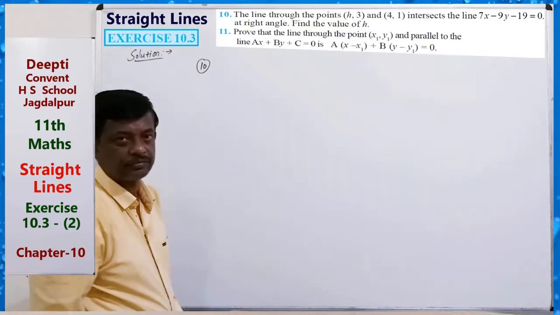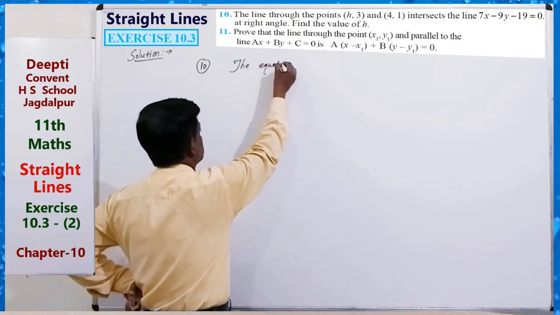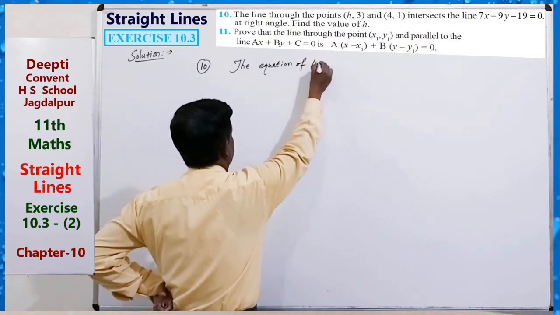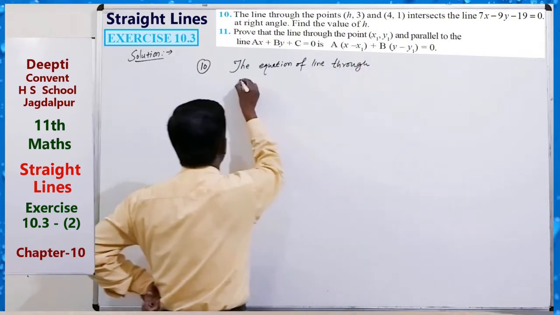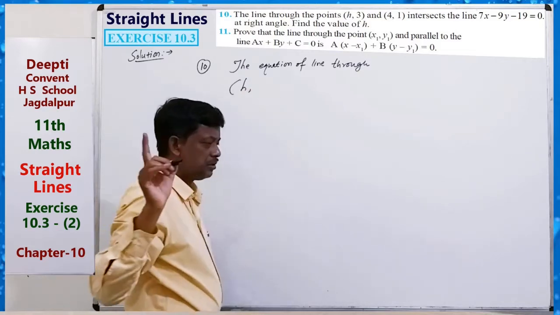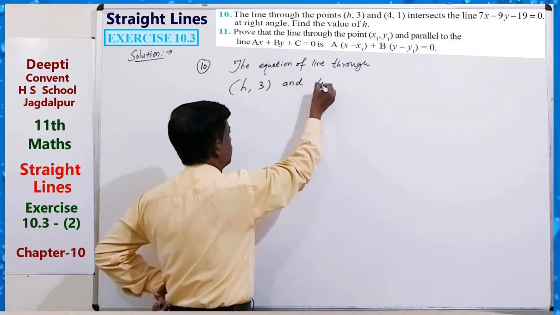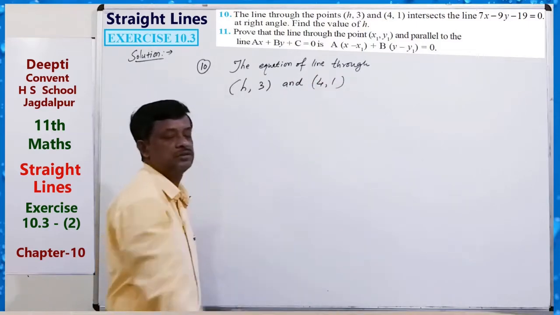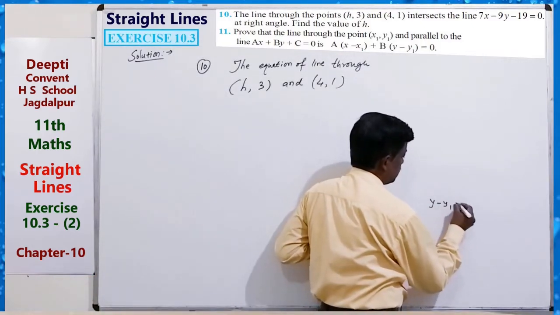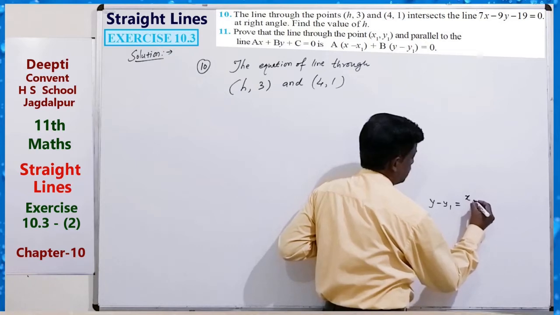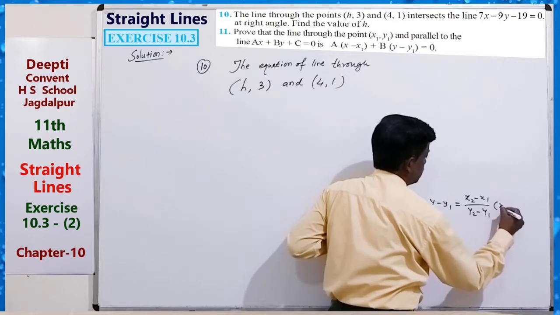What is the equation of the line through (h, 3) and (4, 1)? It is given that the line passes through these points, so we can find the equation of the line: y minus y1 equals y2 minus y1 upon x2 minus x1 times x minus x1.